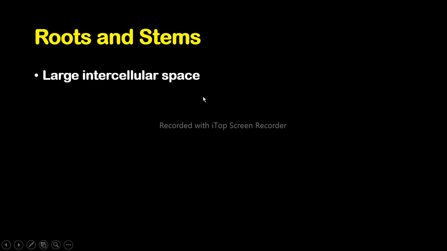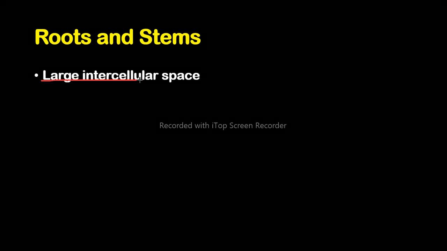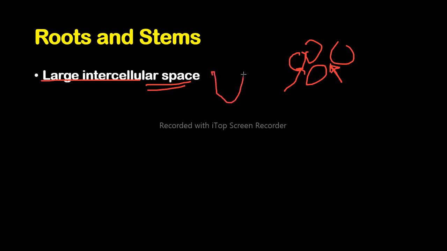Now if you consider the cells that make the stem, the cells have large air spaces. They are packed, but they still form air spaces within them. It is through these air spaces that gases are able to diffuse through the entire stem.